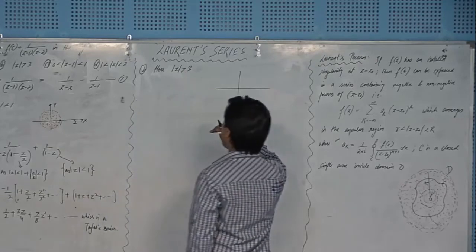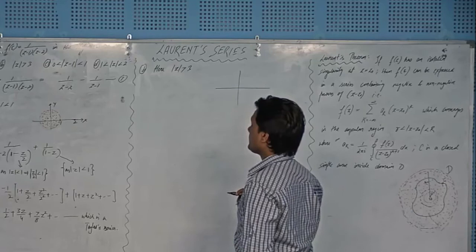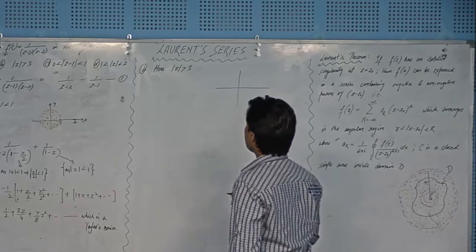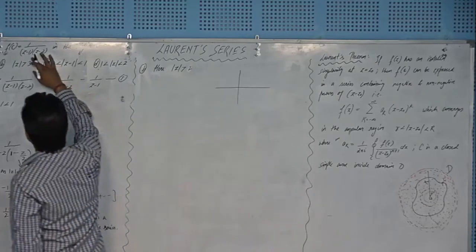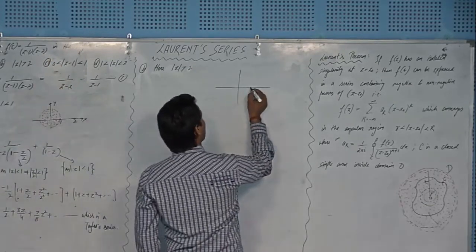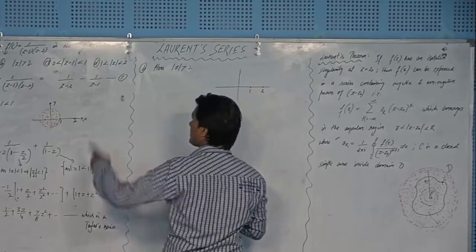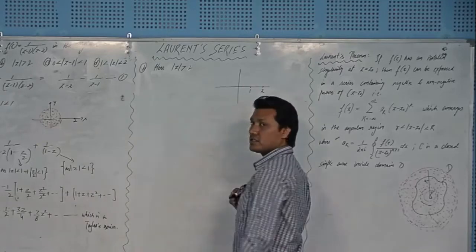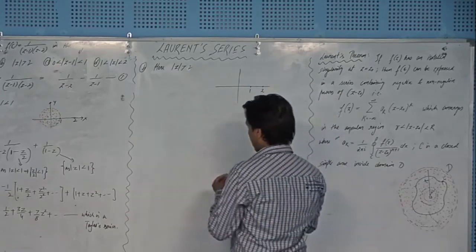Oh, should I write it as mod z? Singularity is at 2, right? So I should write it as 2, mod z greater than 2. Fine. So z equal to 1 is a singularity, 2 is also a singularity, right? You can see that from the function, and our disk is centered at 0, but outside of this one.